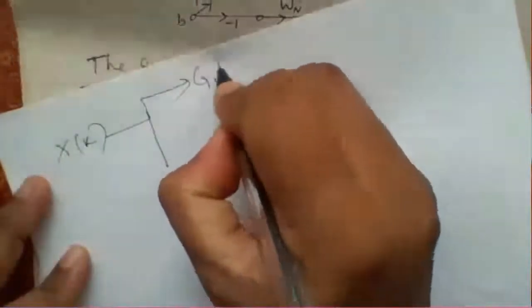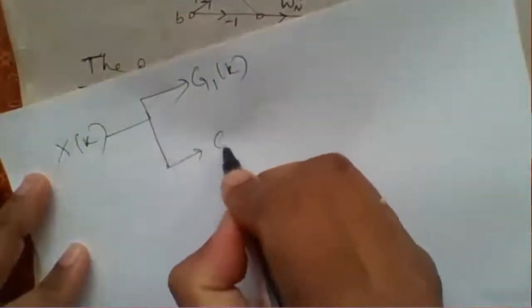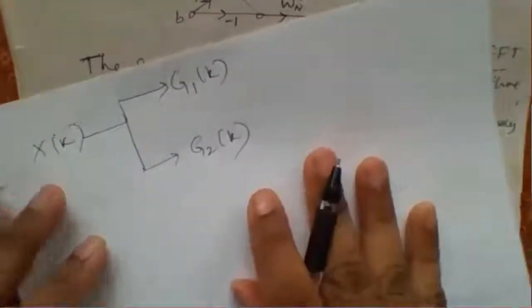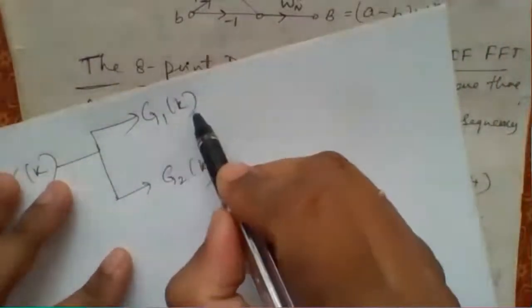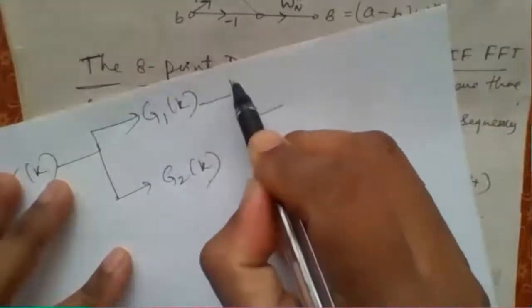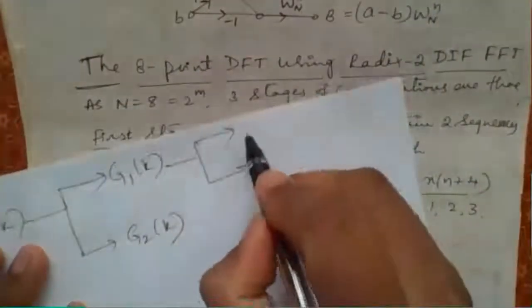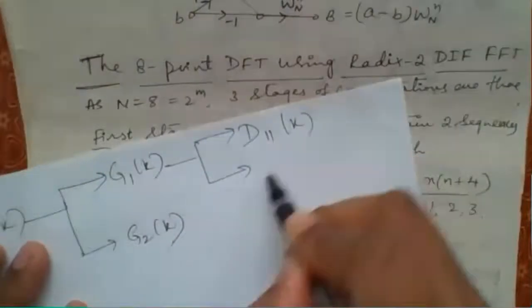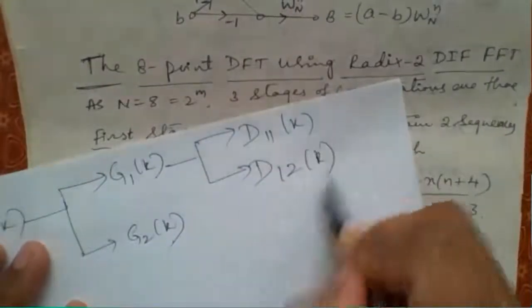So initially we have X of k. This X of k was decimated into G1 of k and G2 of k. G1 is all the even samples, G2 is the odd. G1 was further decimated into two parts, which we call D11 of k and D12 of k.